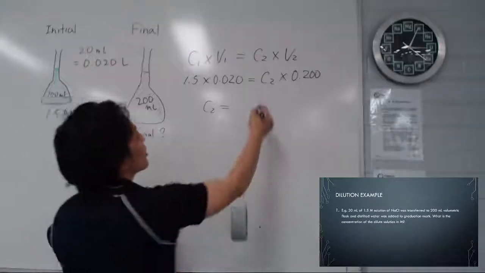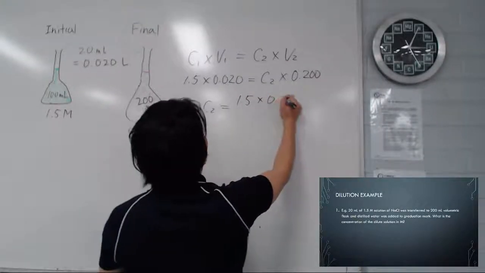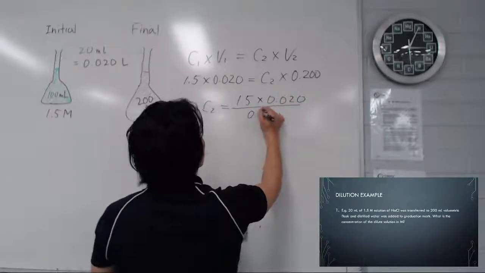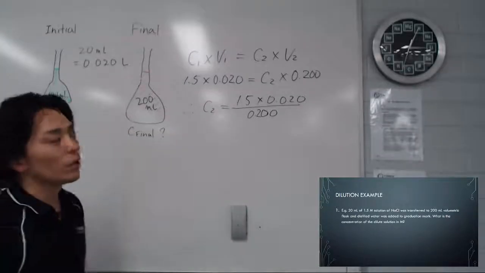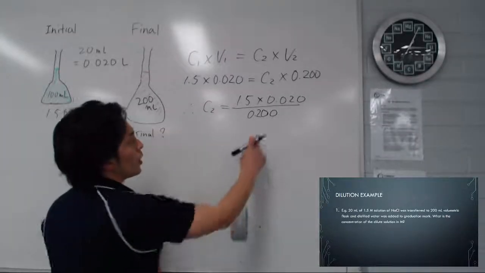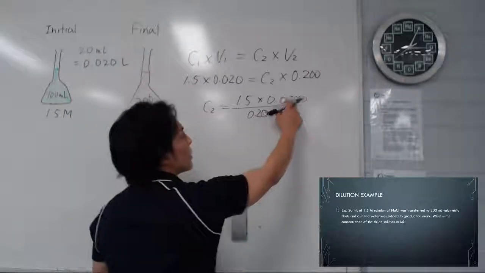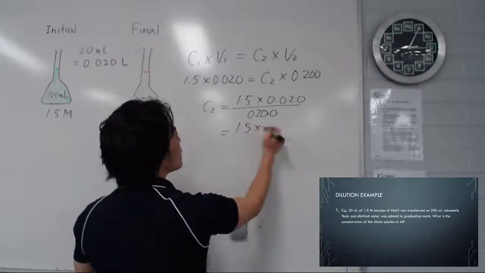So this whole thing here, 1.5 times 0.020 over 0.200. As long as you can solve that, that'll be good. I might even multiply everything by 1000, so I can get rid of some of the zeros.